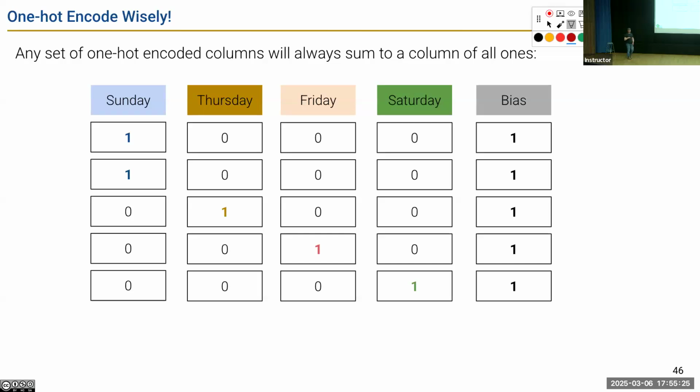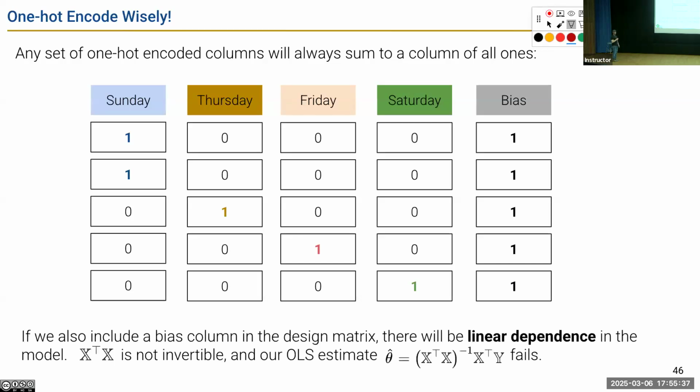These columns are linearly dependent. A linear combination of these 4 columns will give me the bias column. If we have linearly dependent columns in the design matrix, X^T X inverse won't invert. We can't compute our OLS estimate. We have a problem. So how do we fix it?